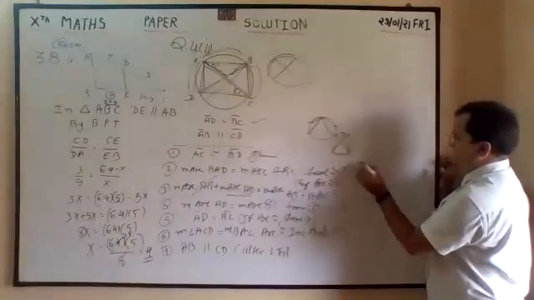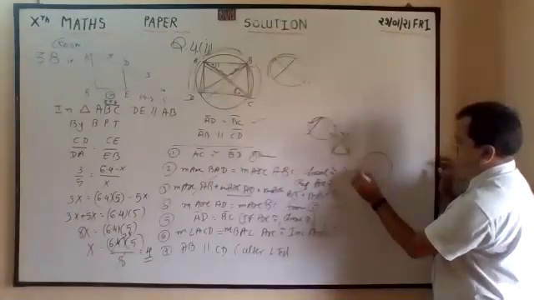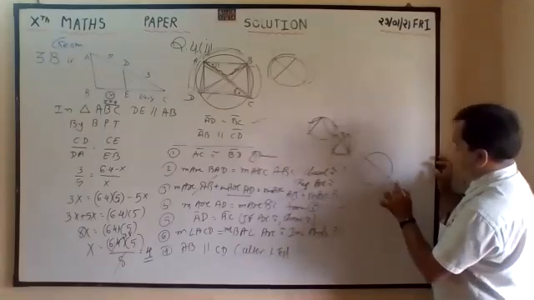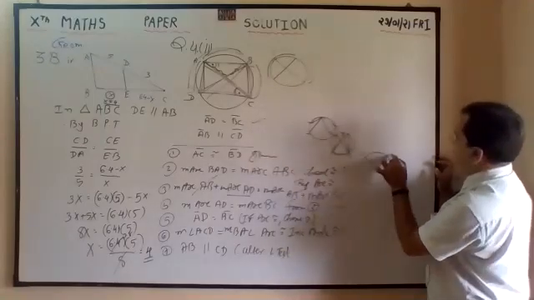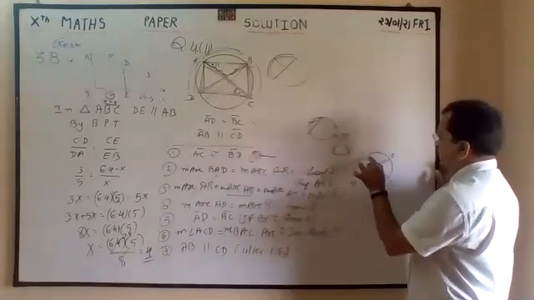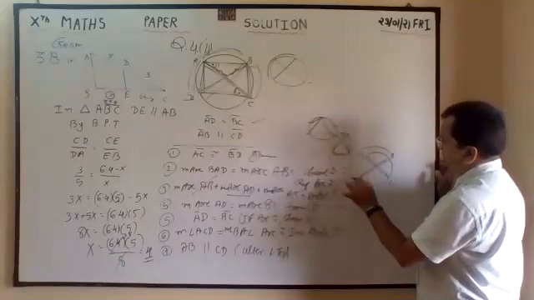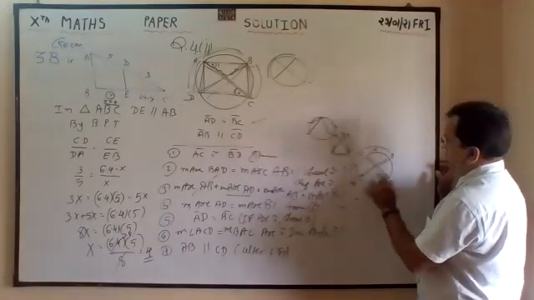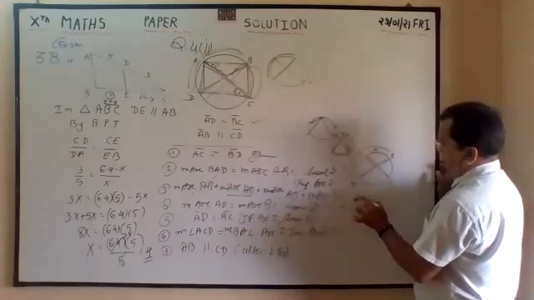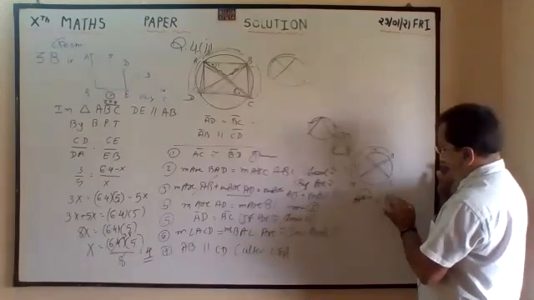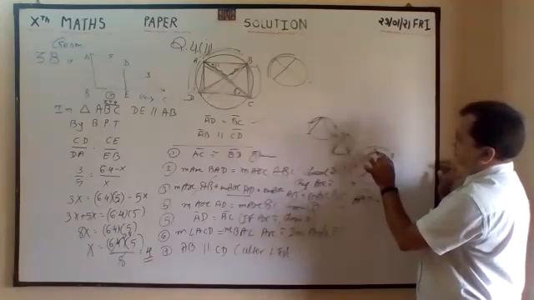I want to explain again. They have given AC and BD equal. If chords are congruent, then this is equal. What you can say, x plus y. First, I will write BAD is equal to BAC, ABC, and this is made up of x and y.